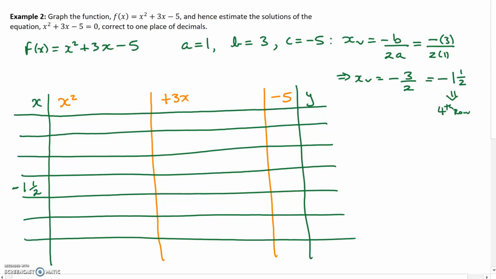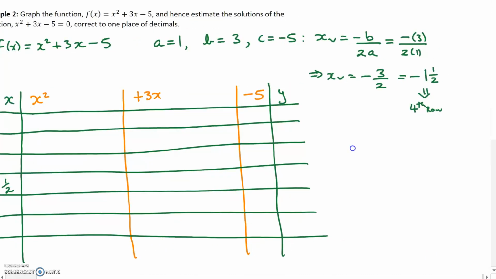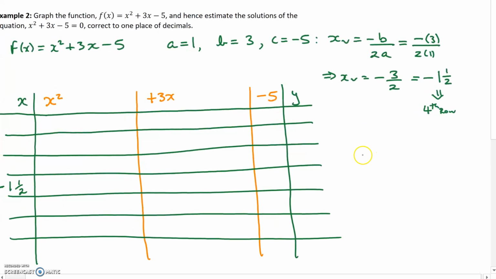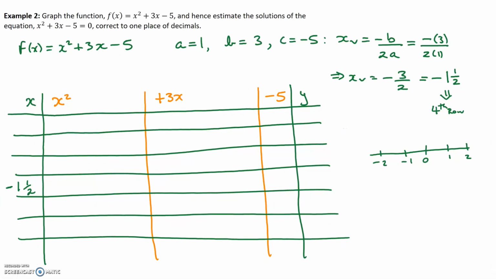Now it's a little bit tricky to imagine what numbers are going to be on either side of this, so let's draw a number line. On the number line we'll have 0, 1, and 2, and negative 1 and negative 2. Now where would negative 1.5 be? Negative 1.5 would be between negative 1 and negative 2, about there.